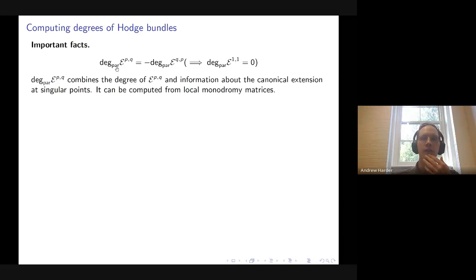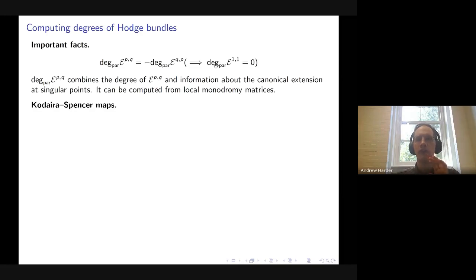Okay, so one nice characteristic of this is that it sort of flips in some way when you change p and q. And for us, the main consequence is that if I take the parabolic degree of E^{1,1}, I get 0. Okay, so that's the big takeaway.